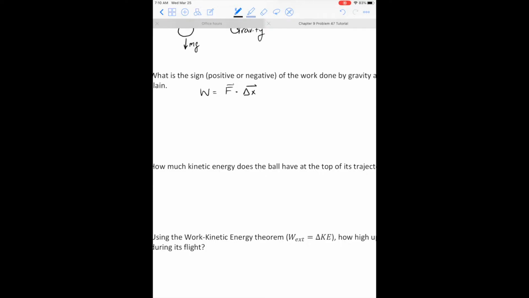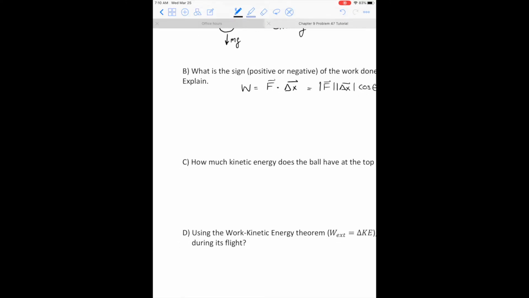Maybe delta y is more appropriate, but I'm going to use delta x more generally. We can rewrite this using our dot product as the magnitude of F multiplied by the magnitude of the displacement times cosine of the angle between them.